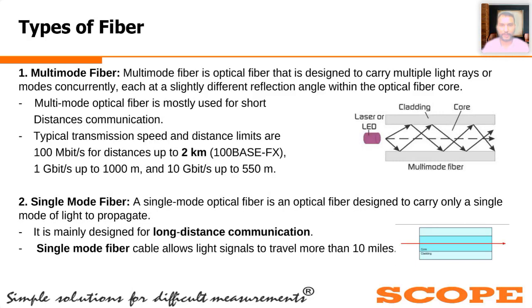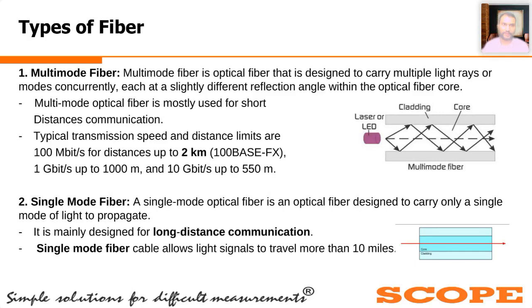So the light will pass, it will reflect, and it will transmit through that optical fiber core. Because of the transmission through light, its speed increases. You can transmit the data to a larger distance. So it's a better mode of communication.